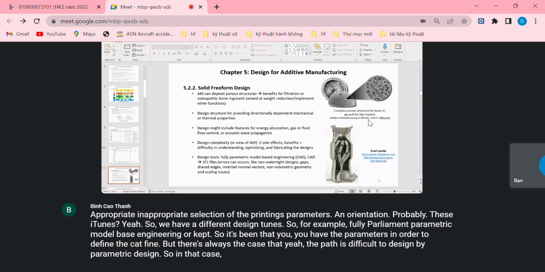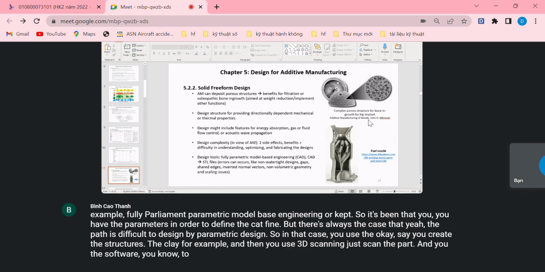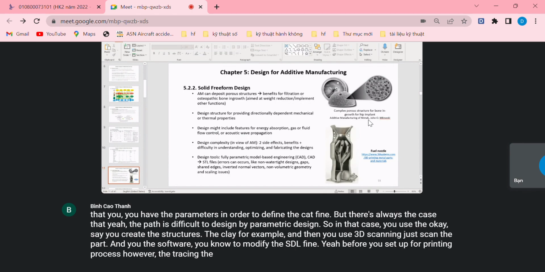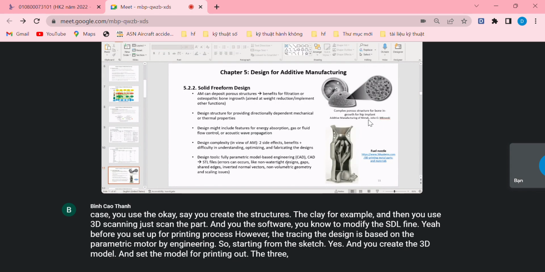In that case, you create the structure with clay, for example, and then use 3D scanning to scan the part, and use software to modify the STL file before you set up the printing process. However, the traditional design is based on parametric model-based engineering: starting from the sketch, you create the 3D model and set up the model for printing out the 3D physical object.